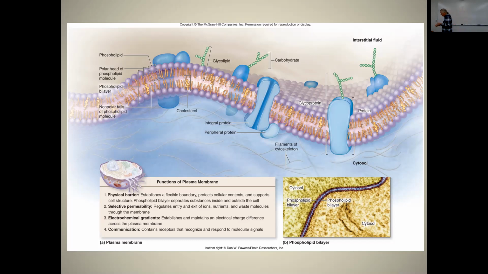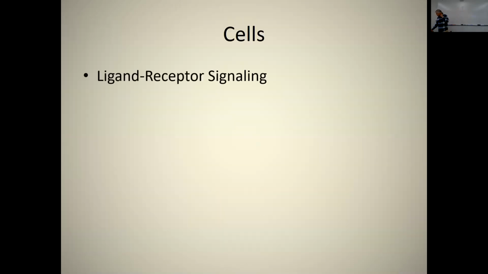Communication: the membrane contains receptors that recognize and respond to molecular signals. So ligand receptor signaling. A ligand is just something that binds the receptor, all right? So it's important for cell-to-cell communication.